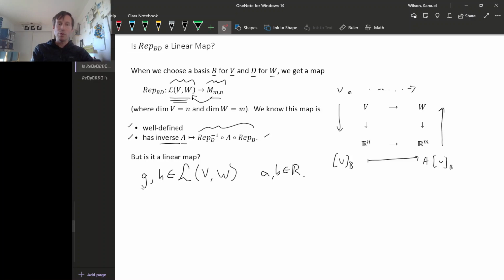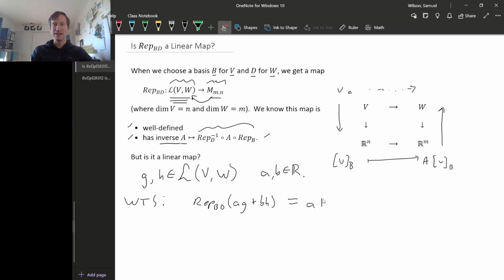What we want to show is that rep BD preserves structure, so we need to show that rep BD applied to the linear combination aG plus bH is equal to the linear combination after doing the representation.